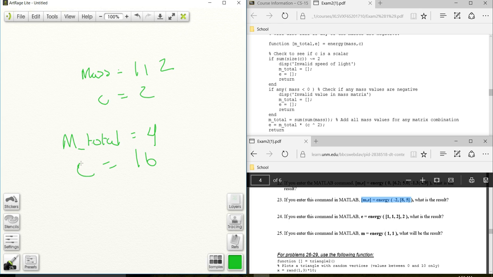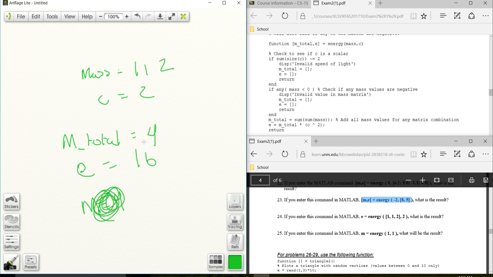And this is E. E is equal to 16. And then when it outputs, your mass is going to be equal to 4, your M total is equal to 4, and your E is equal to 16. But down here it says E is equal to energy, and the first value out is M total.